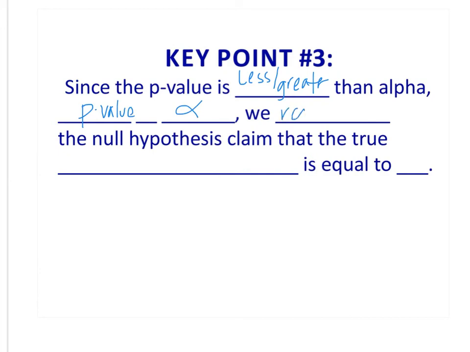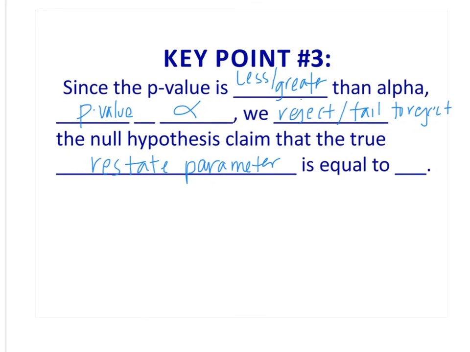We can reject or fail to reject the null hypothesis that the true, restate the parameter, the proportion or mean given to you in the problem. So this is my template. It's this same template every time. So make sure that you write this down and that we keep using this language in this format.